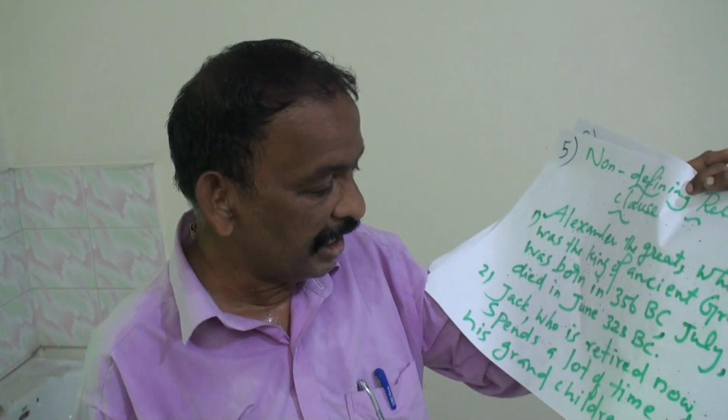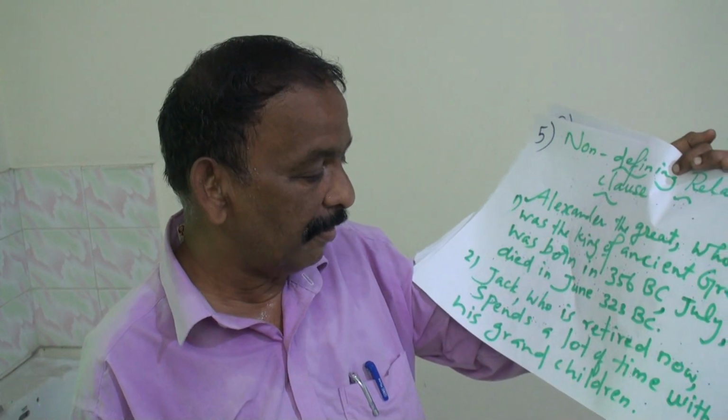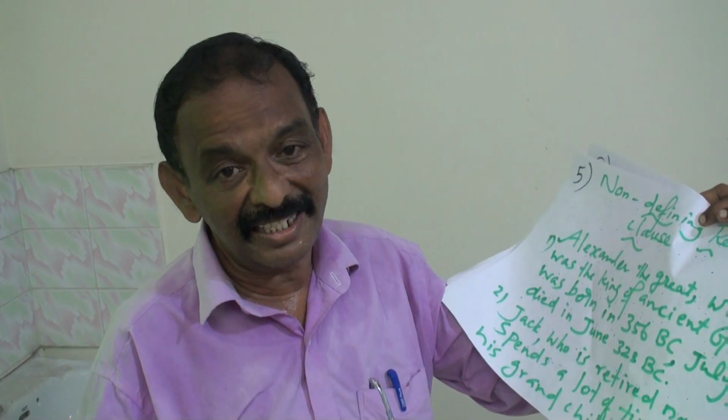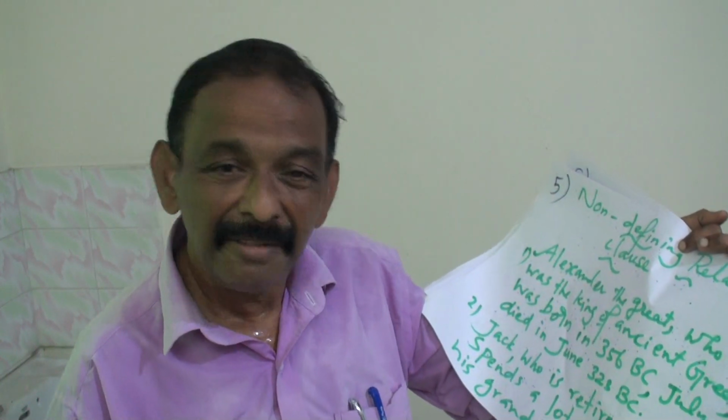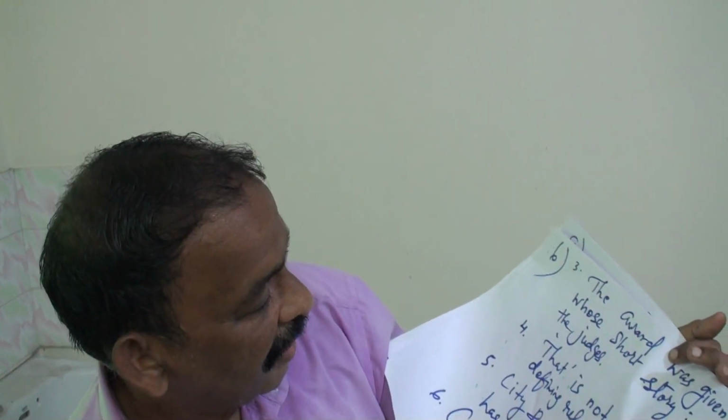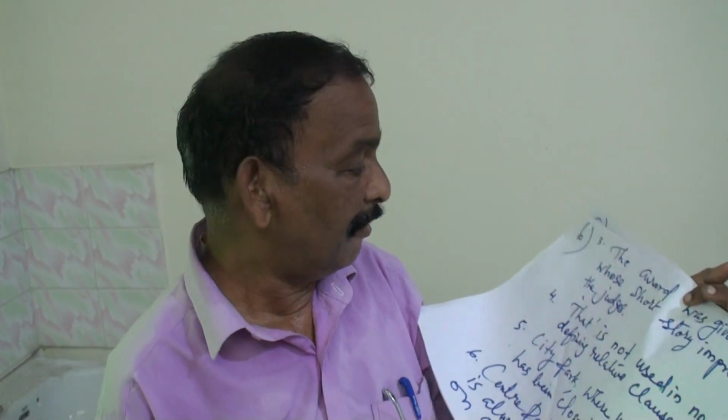Jack is already mentioned. Who is Jack? We know already, and we have to provide additional information. These kinds of things are called non-defining relative clauses.